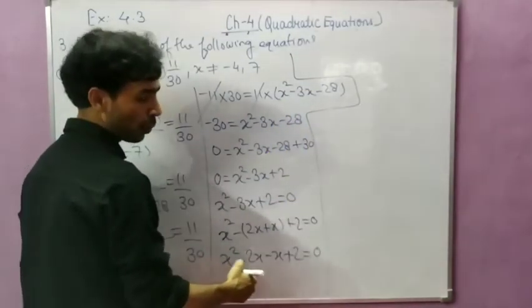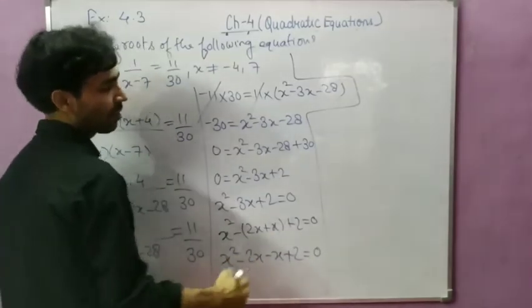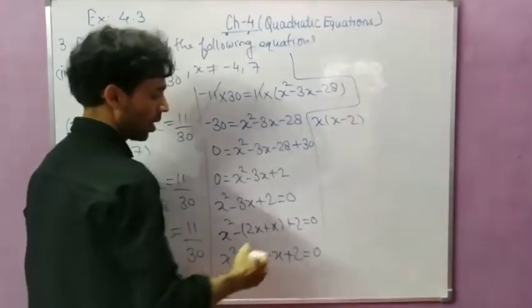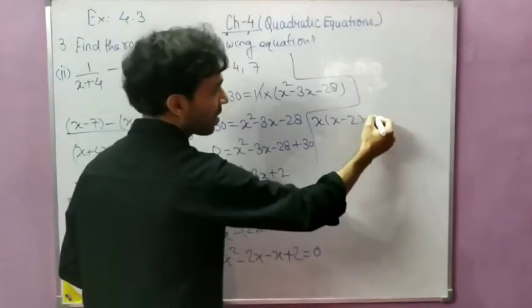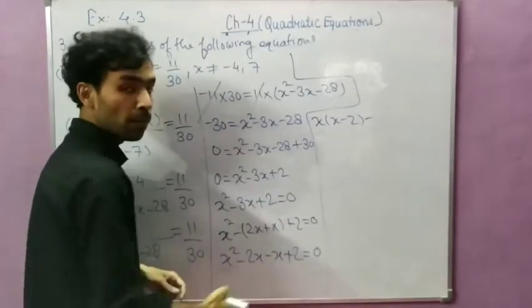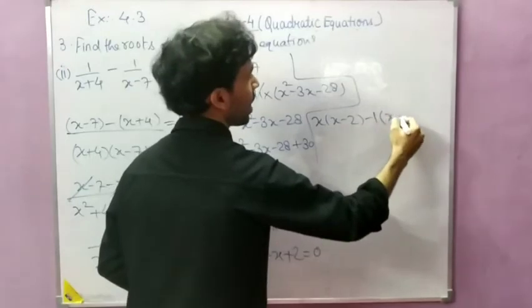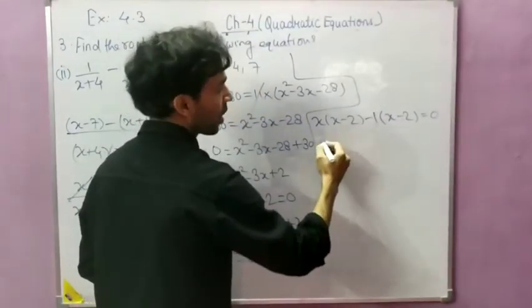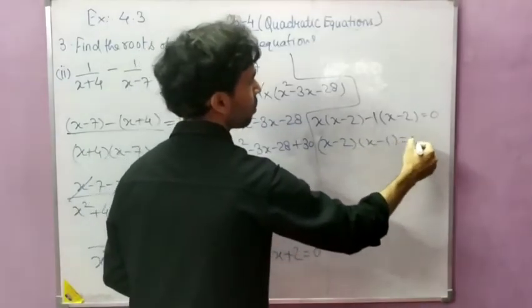So now when you will factorize it, you have to make two pairs. So first pair is this, second pair is this. So between these two, x will be common, so x in bracket x minus 2, and between these two, first term is negative, so we will take minus, and because in these two terms nothing is common, so we will take 1 common, so that is x minus 2 equal to 0. Now in both the two terms x minus 2 can be common, so x minus 2 and x minus 1 equal to 0.